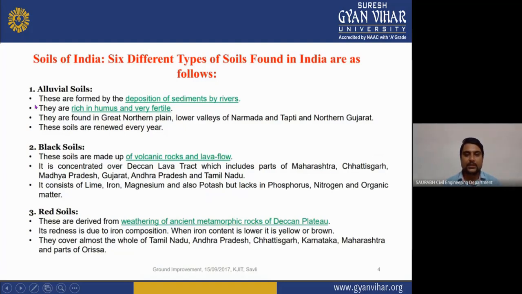It is concentrated over the decayed lava trap, which includes parts of Maharashtra, Chhattisgarh, Madhya Pradesh, Gujarat, Andhra, Tamil Nadu. And come to the red soil. Red soil is derived from the weathering of ancient metamorphic rock of the Deccan Plateau. So these are the types of soil which are very important and you should know about them.